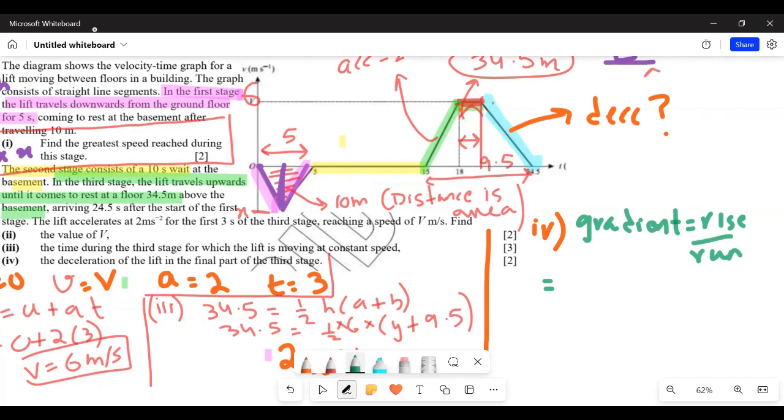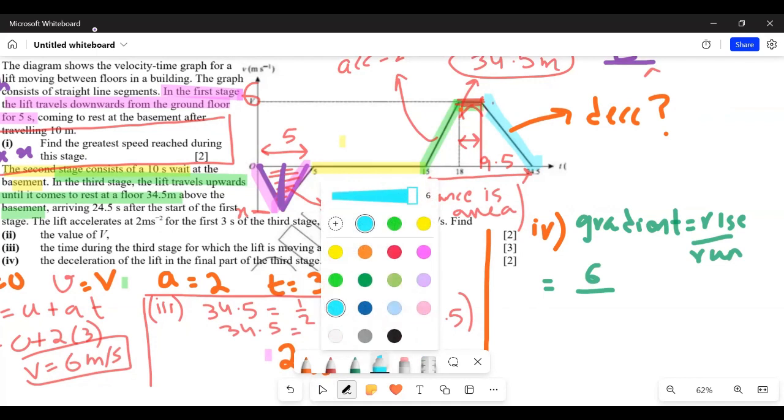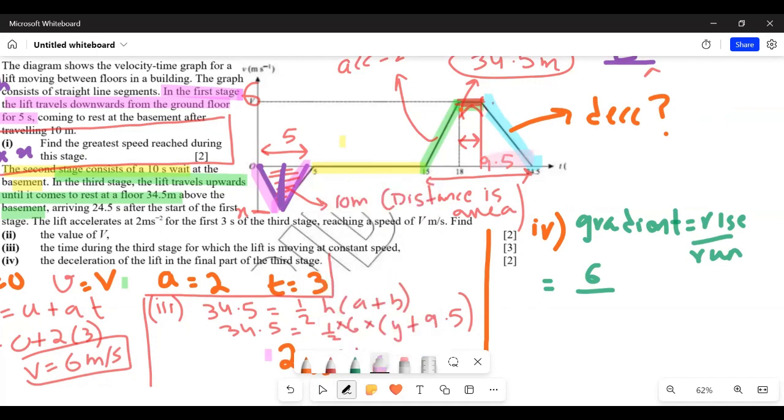So 6 units is the rise. Over run is from here to here. So that goes from 9.5 to 24.5. So 24.5 minus 9.5 is 16.